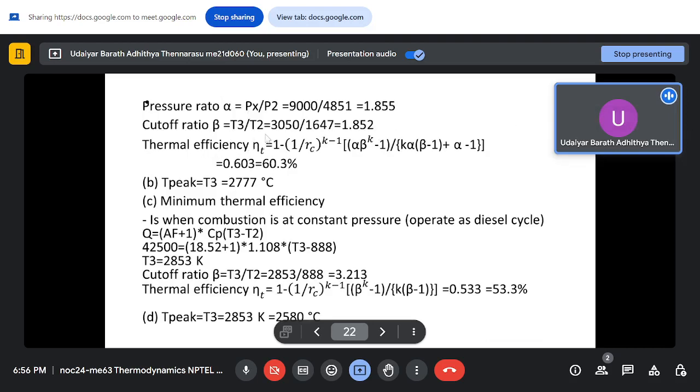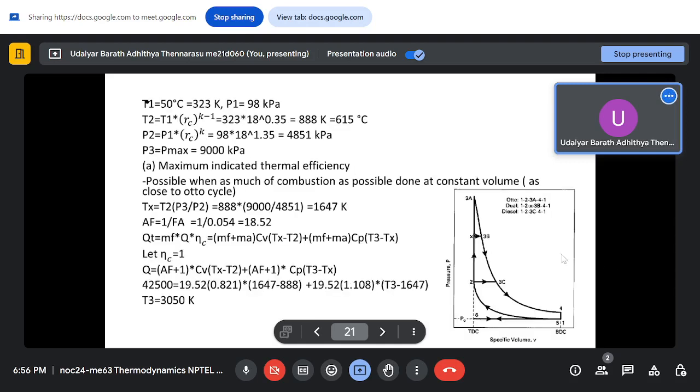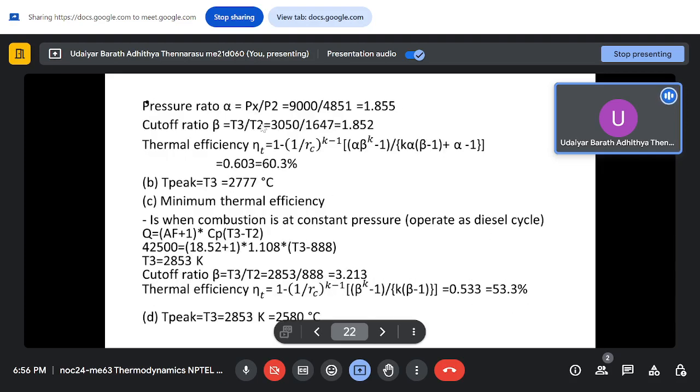Or you can use the direct efficiency formula for a dual cycle, which is expressed in terms of pressure ratio and cutoff ratio. Pressure ratio is Px by P2, and T3 by T2 for the cutoff ratio.